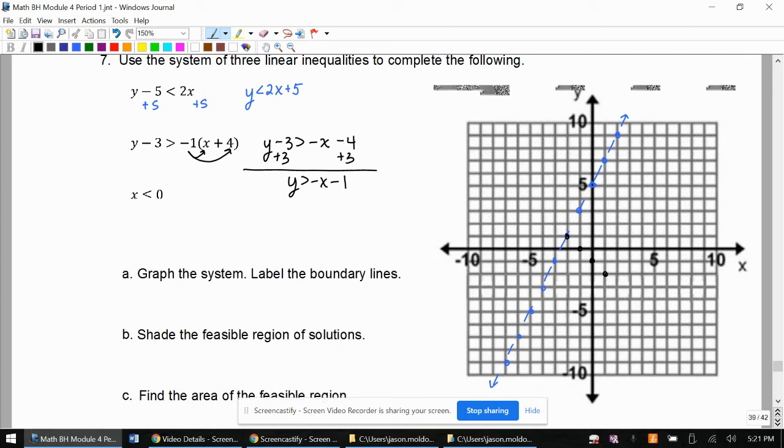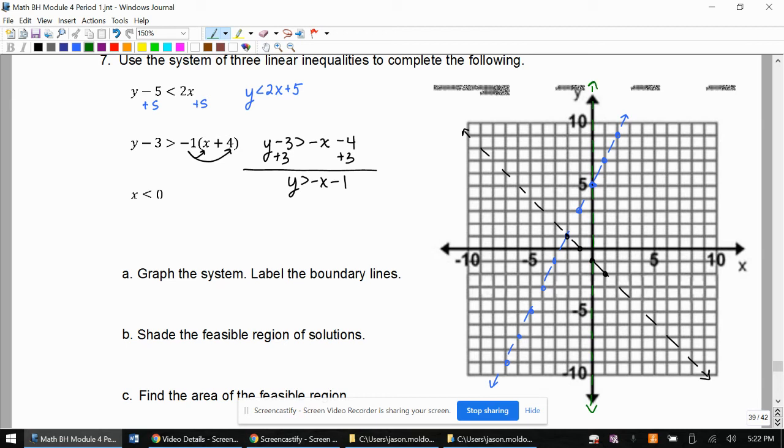This one's also dashed. And last we have a vertical line that is dashed and on the y-axis.